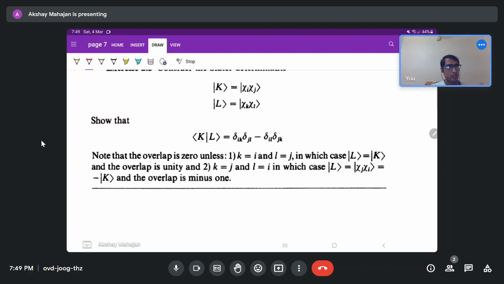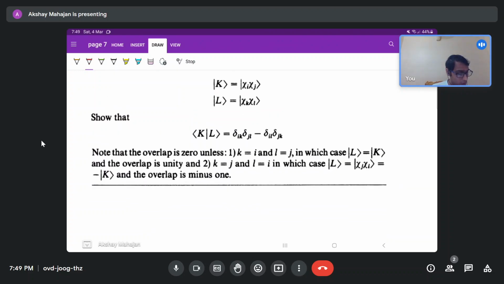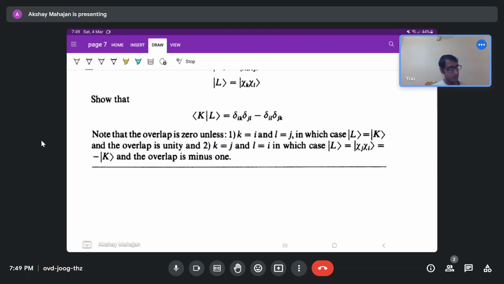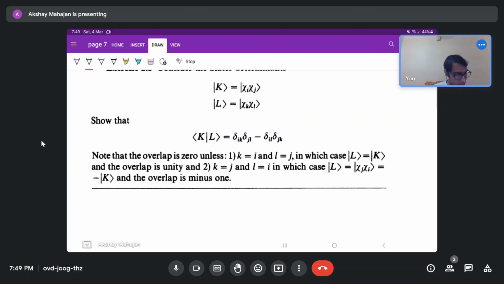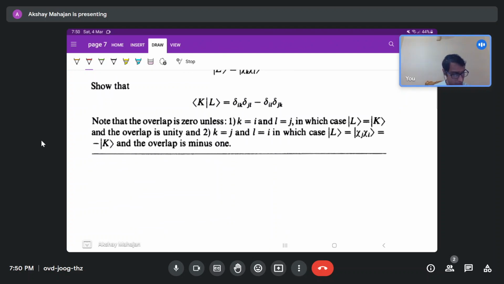It means the spin orbitals have to be the same, in which case the overlap is exactly unity. And second, if k equals j and l equals i, in which case there will be just a minus sign and the overlap is -1. So this we will get from our result.